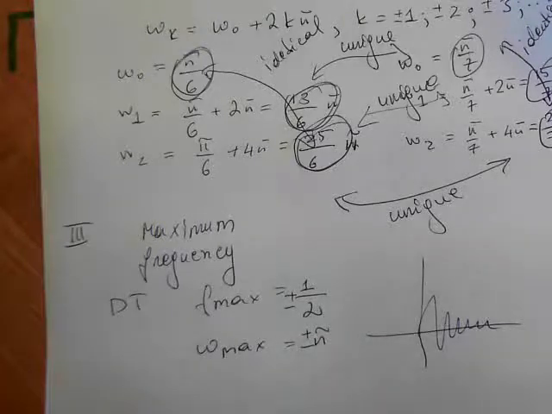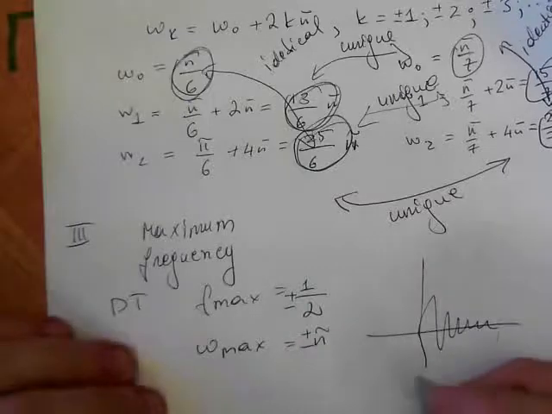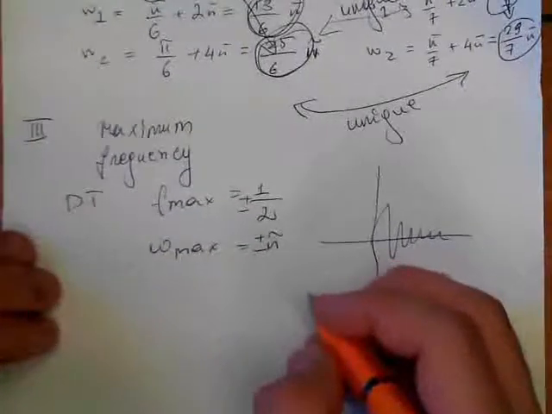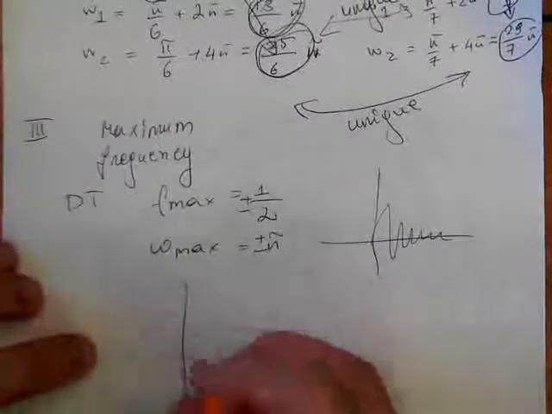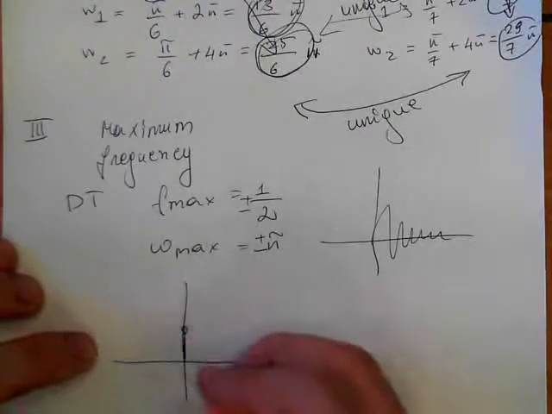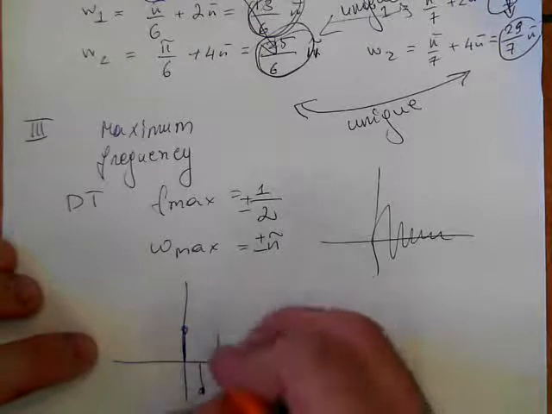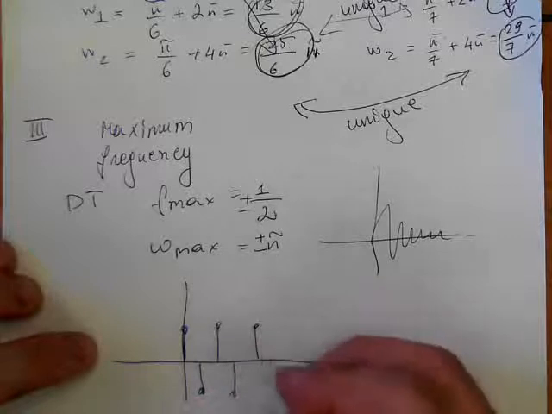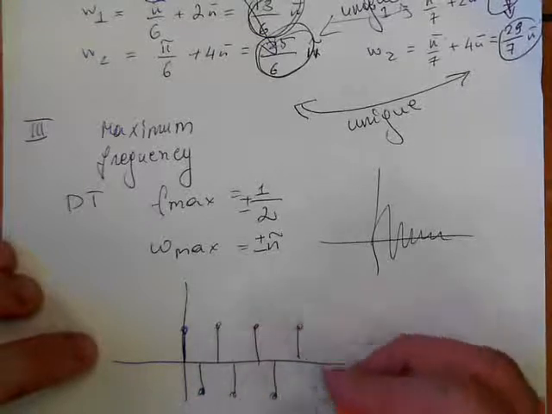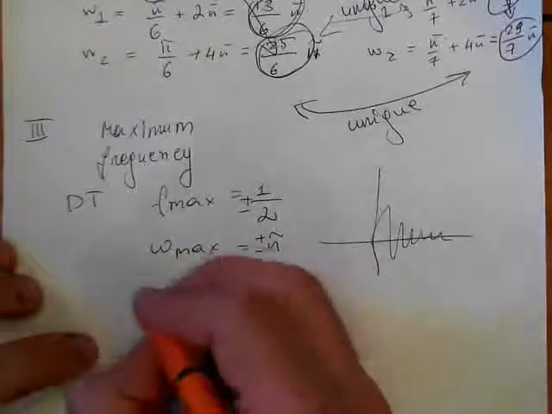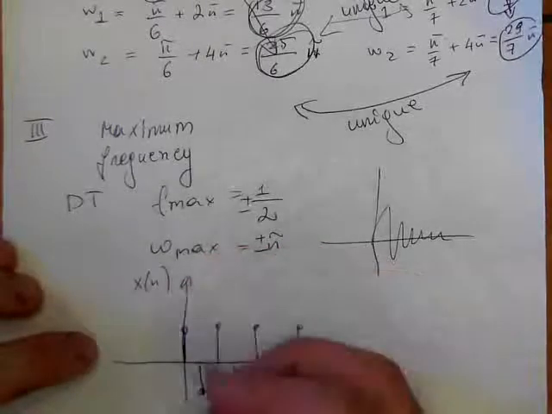So in discrete time, maximum frequency is a half. Why? Because as I have shown you before in the lecture, we get one sample up, one down, one up, one down, again up, down, up, down. This is n and this is x[n].